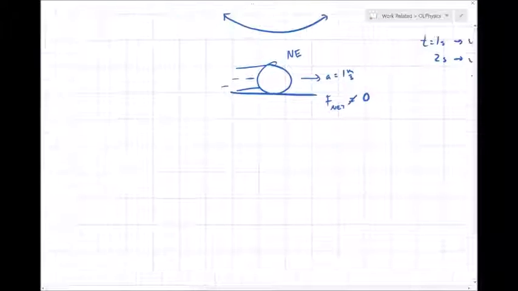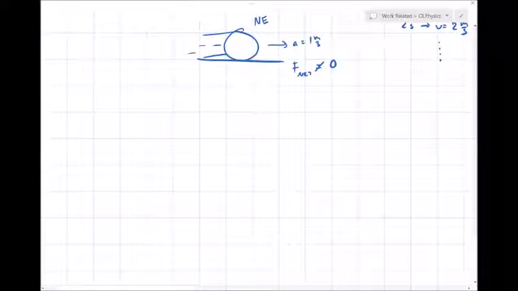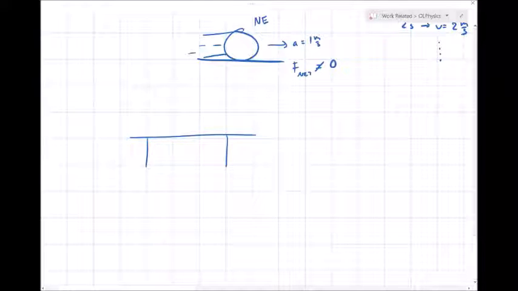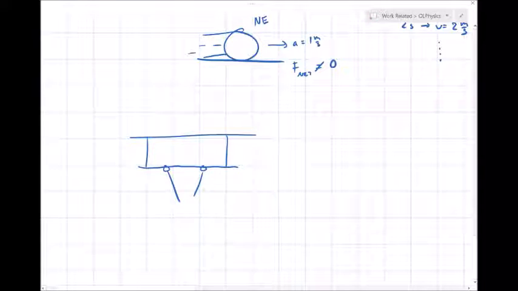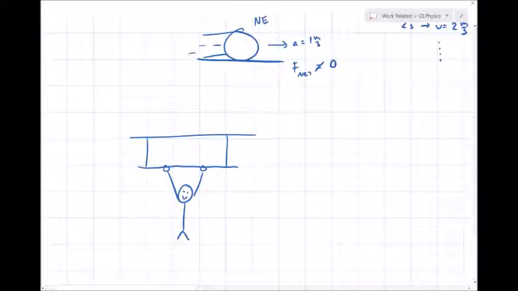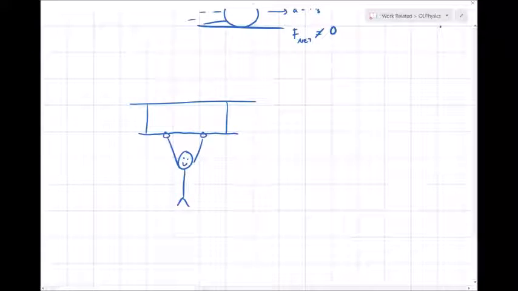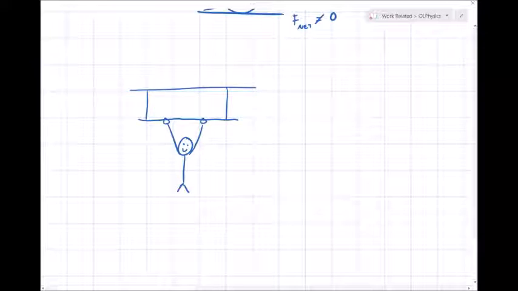So now let's look at an example. Let's say someone's doing gymnastics, and they're holding onto a little bar here. Can you guess how many forces are on this guy?